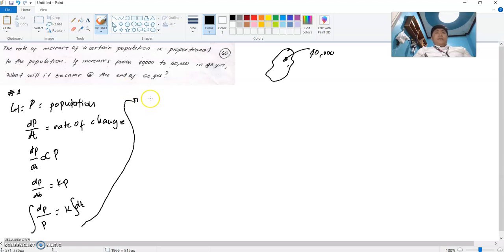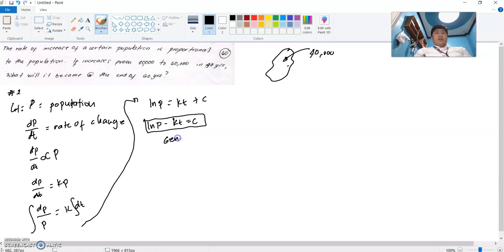So here we have the result: ln of p equals kt plus c. Or you have ln of p minus kt equals c, or the other one above, depending on you.